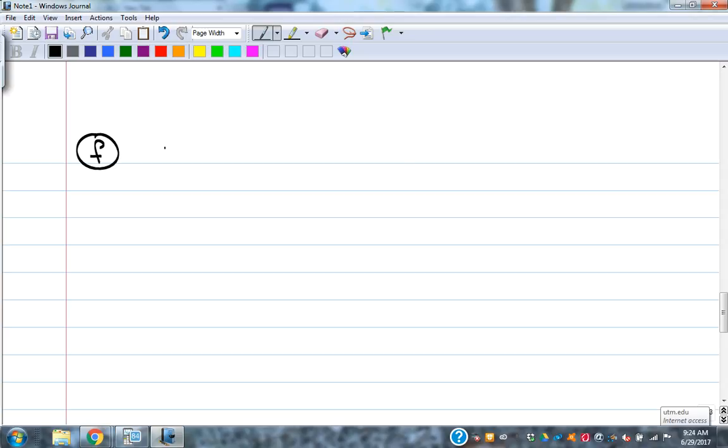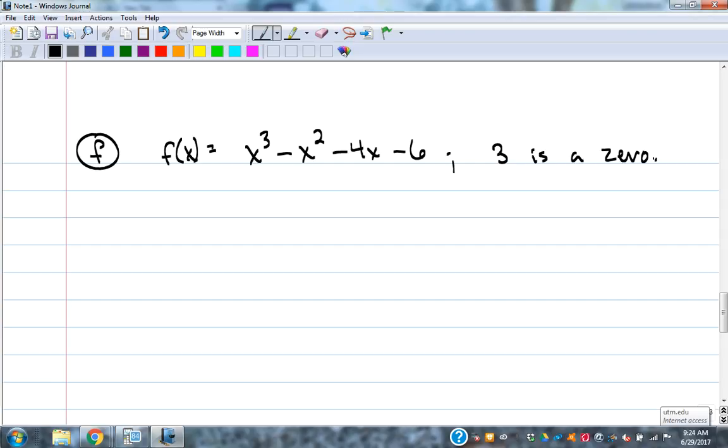Say we had f of x is equal to x cubed minus x squared minus 4x minus 6, and 3 is a 0. Three is a 0 of that polynomial.